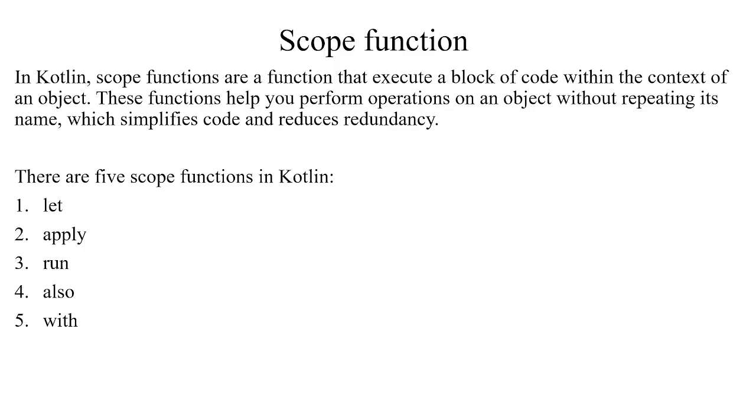Then what is the need for these scope functions? Why do we use them? Basically, they make your code more readable, expressive and concise, and they perform operations on the object within a restricted scope.